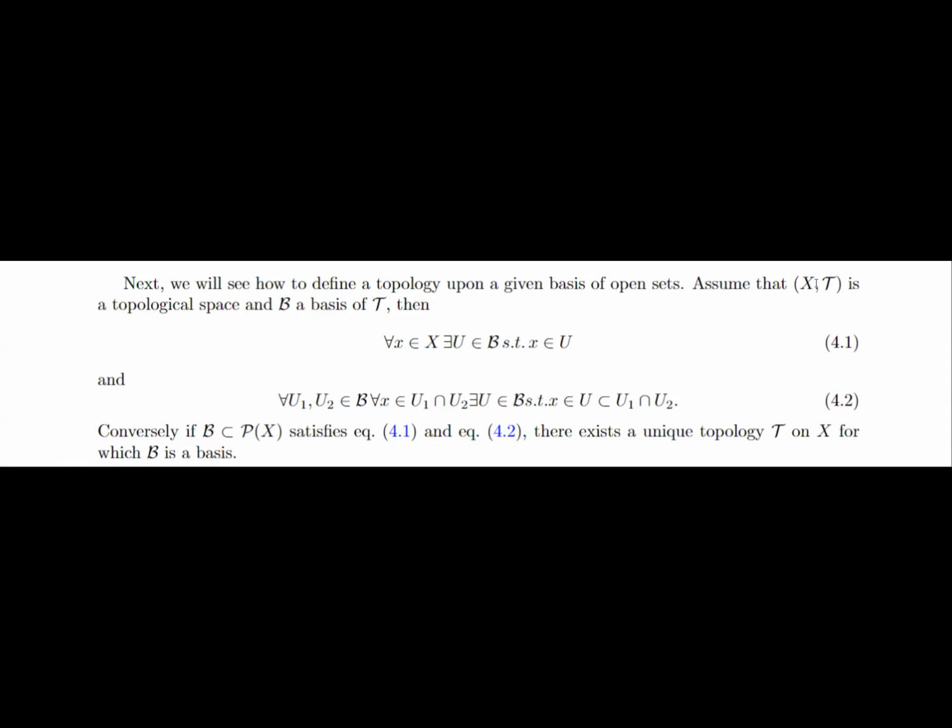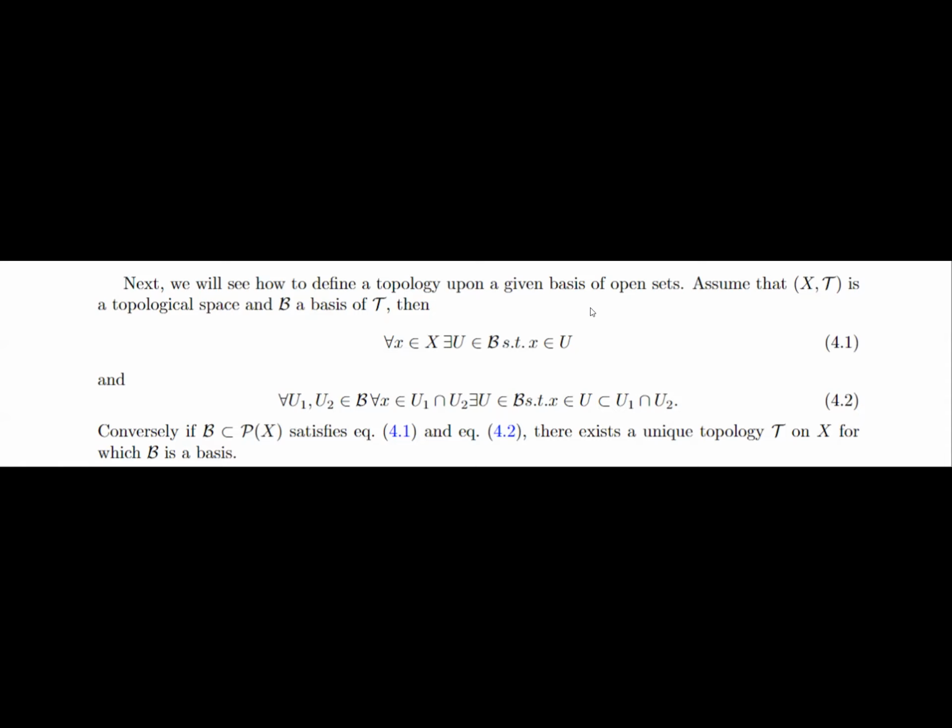So if you have a topology and a basis B associated with this topology, then 4.1 and 4.2 are verified. So how do 4.1 and 4.2 read? For every x in X, you can find U in the basis such that x is in U. Why is that?